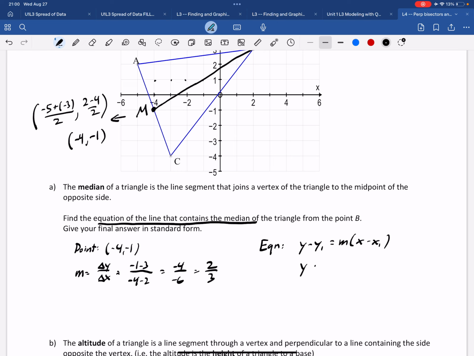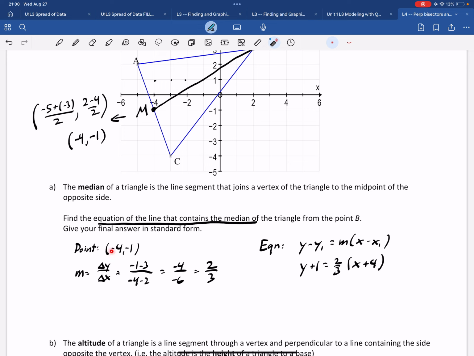We have y plus 1 equals 2/3 times x plus 4. How did I get that? y1, x1 is -4, -1, and if we're subtracting negatives, they become positive, right? So y minus the y coordinate, y plus 1, equals 2/3, the slope we got, times x minus -4. Done.